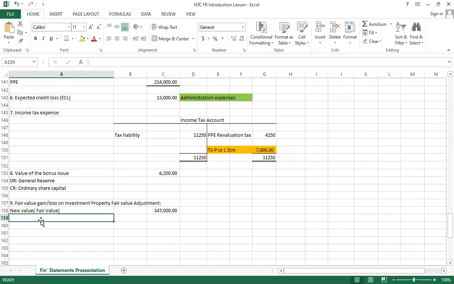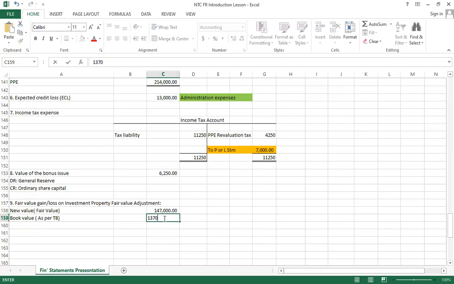We compare that with what was their book value before the fair value adjustment, and their book value is the one as per the TB, the one as per the trial balance. And in the trial balance, we have 137 million.